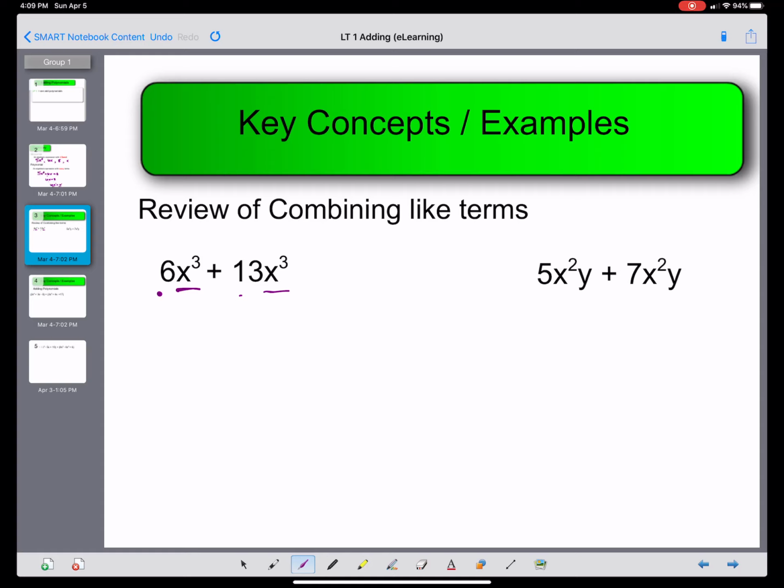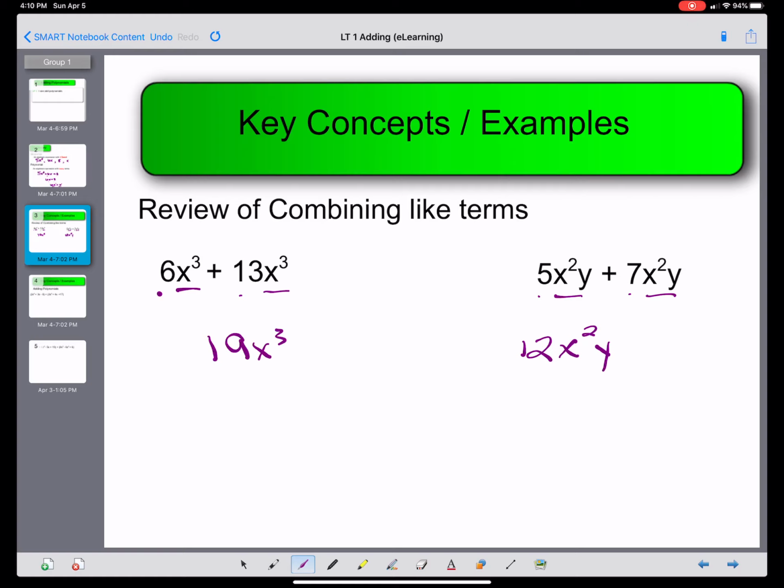So 6 plus 13 is 19, and then we add the rest of the part. The one on the right, these are like terms as well because they both have x squared y. If they're the same, then all we need to do is add the coefficients. So 5 plus 7 is 12 x squared y. Now, you guys have seen this before.